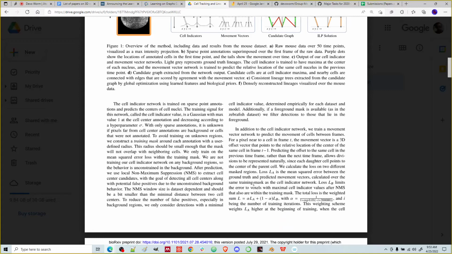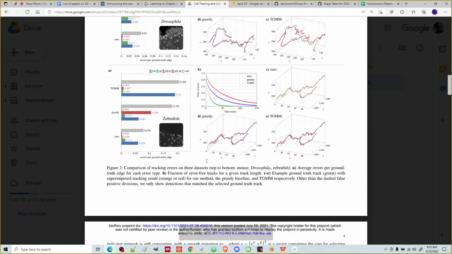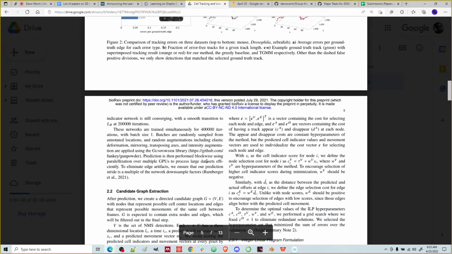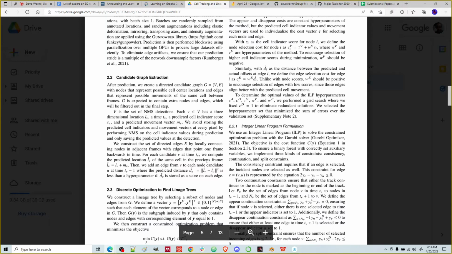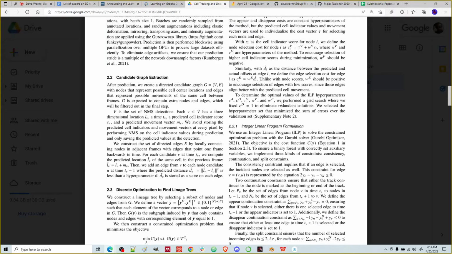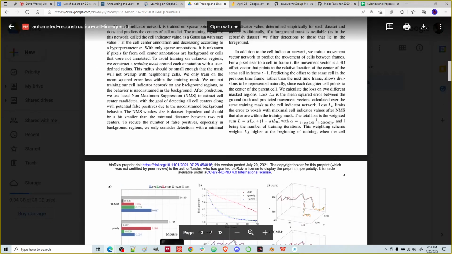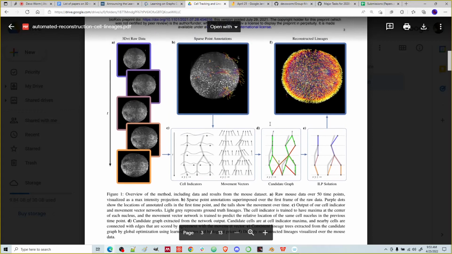Trying to see if they have anything about what kind of markers they're using. Candidate graph extraction, discrete optimization to find lineage trees. So, I think they're using standard markers for the cells, and I don't know whether they're doing this in vivo.